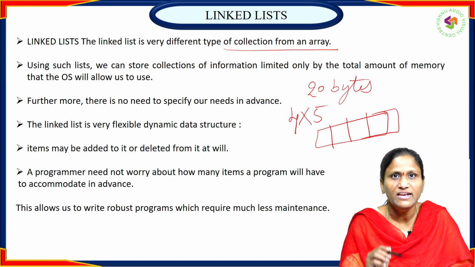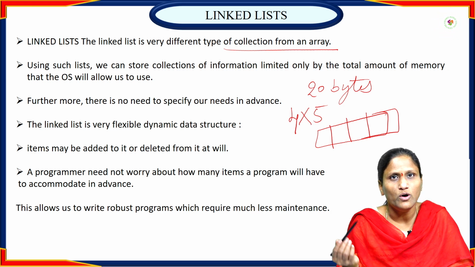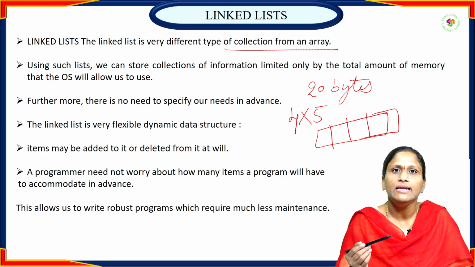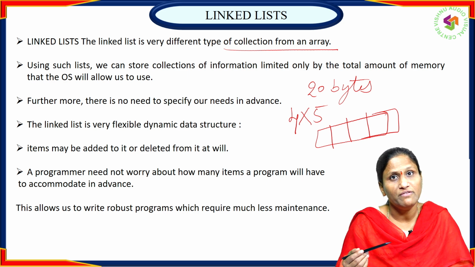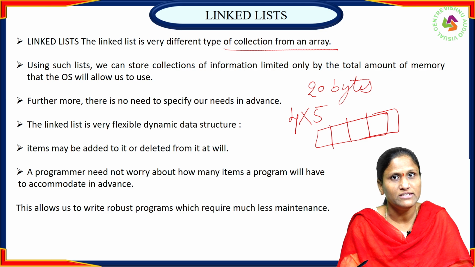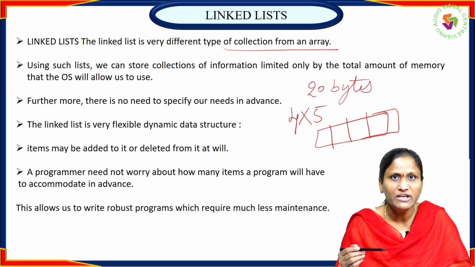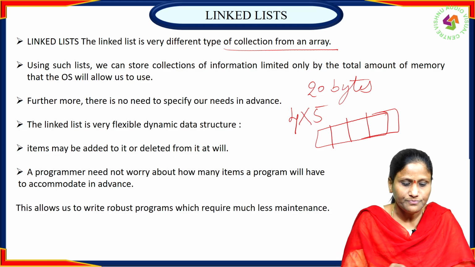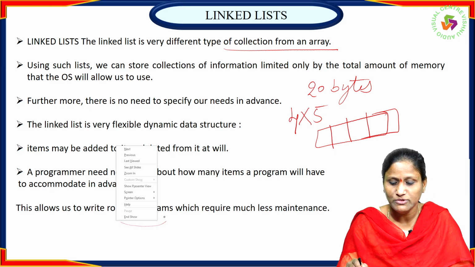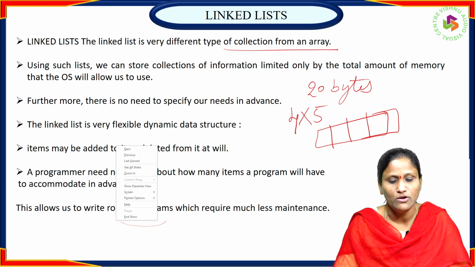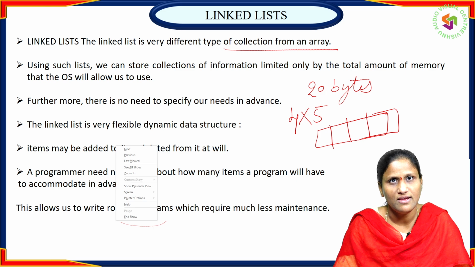But in the case of linked list, we are least bothered about the number of elements to be stored, because whenever we want, we can add elements to the list, and whenever we want, we can delete elements from the list. So this allows us to write robust programs which require much less maintenance. What is the meaning of robust? It means the program failure will be less.